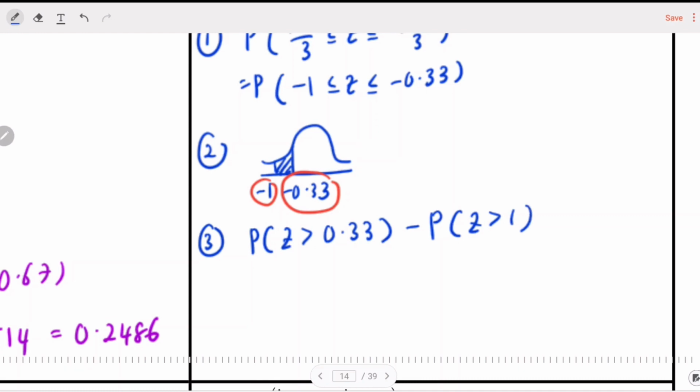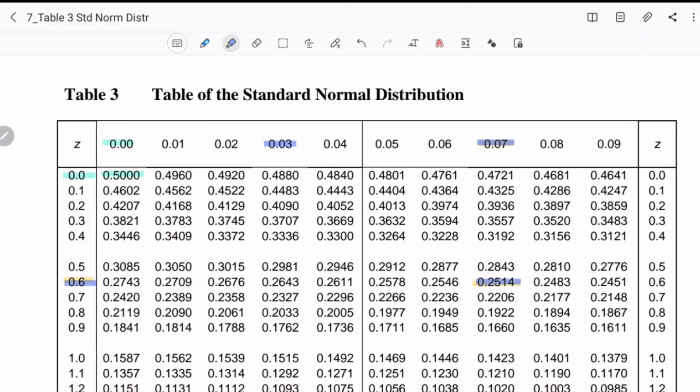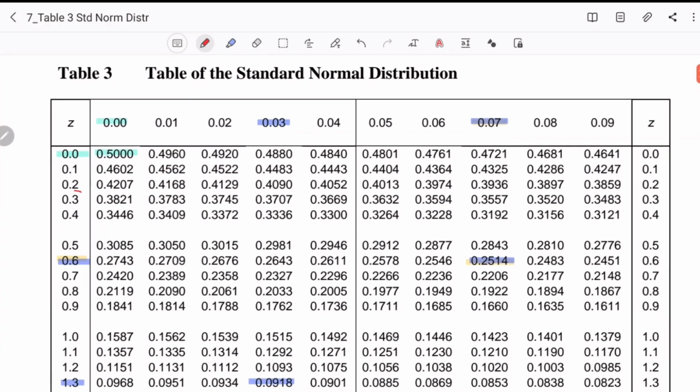It shouldn't be the other way around, because if we take a look at the standard normal table, the probability for z greater than 0.33 is 0.3707.